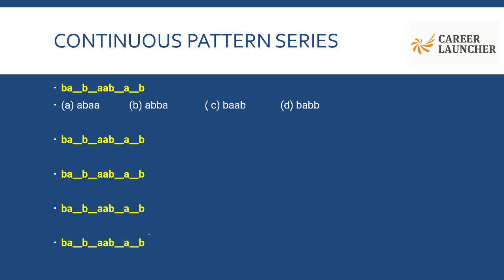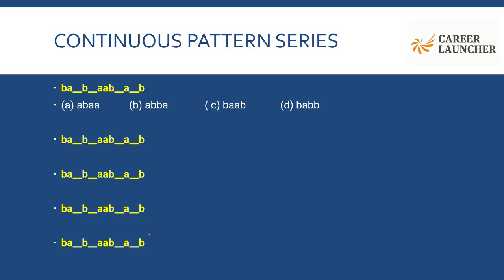We can see a series here, BA dash B dash AAB dash A dash B, and then we have 4 options here. What we will be doing is evaluating each of the options to see if there can be a meaningful pattern.